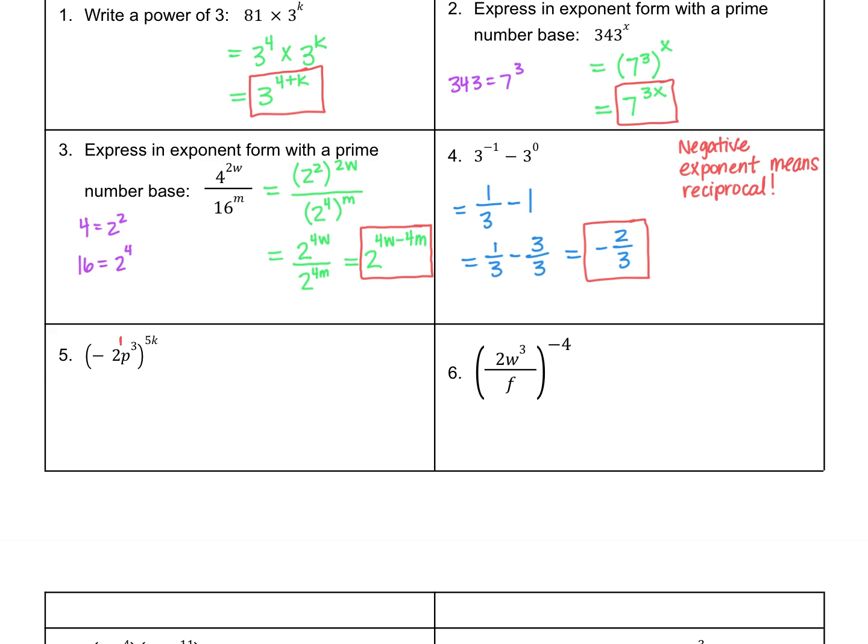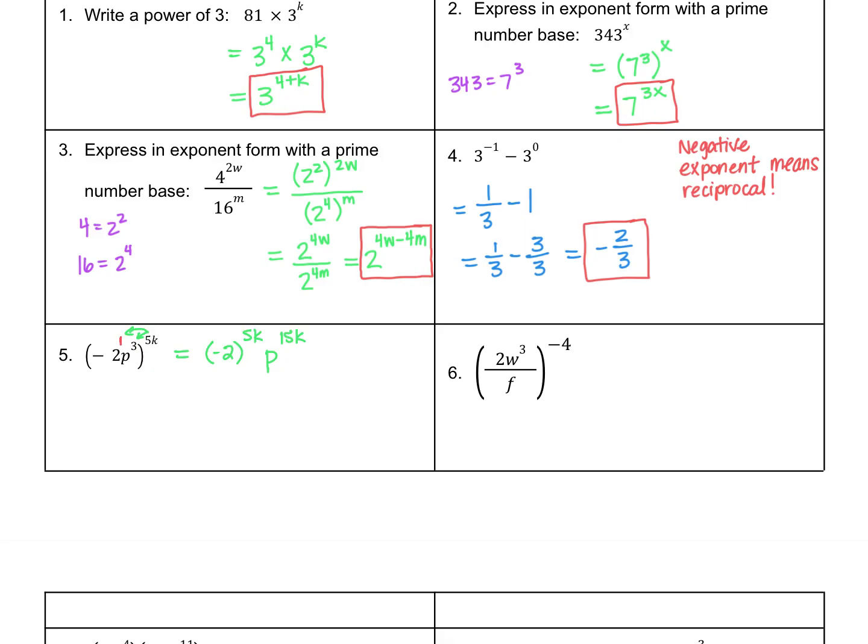So we're going to distribute this 5k to the 1 and to the 3. So we're going to end up having -2 to the power of 5k, because 1 times 5k is 5k. And then we're going to have p to the power of 15k. So that is how we are going to simplify that.